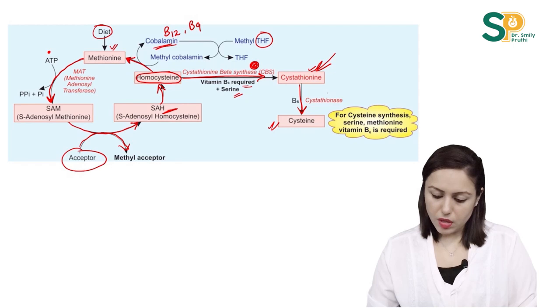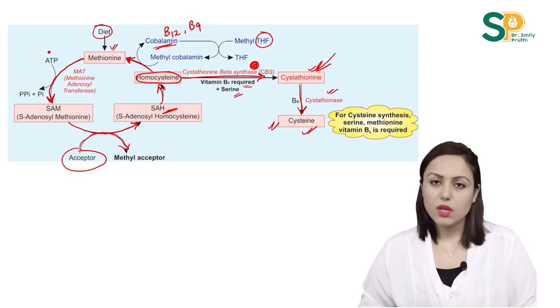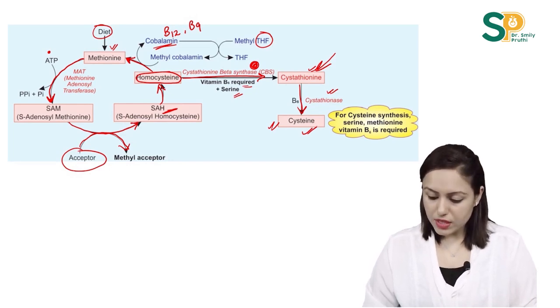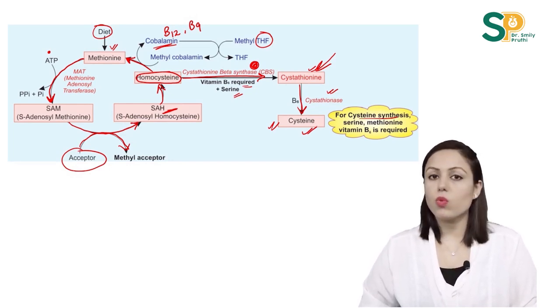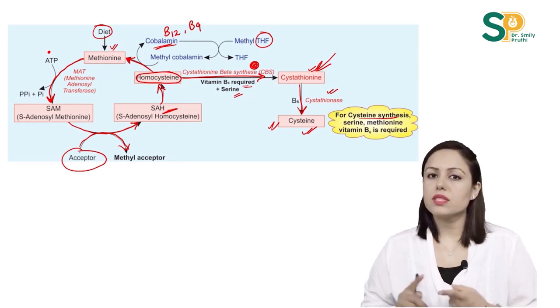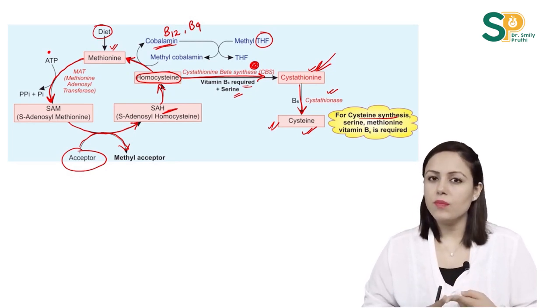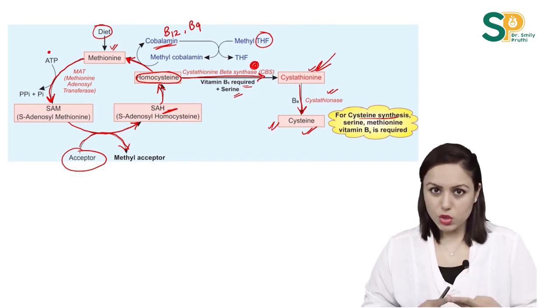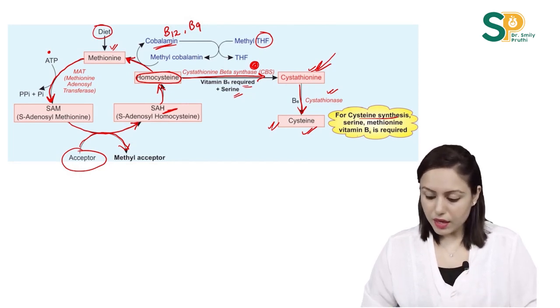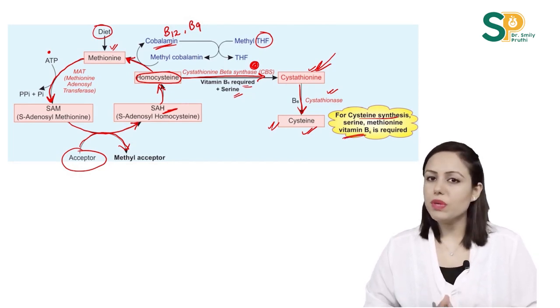Then the cystathionase enzyme, which again requires B6, and cysteine is formed. Okay, so we can say that for cysteine synthesis we require three things: the amino acid serine, the amino acid methionine, and vitamin B6.